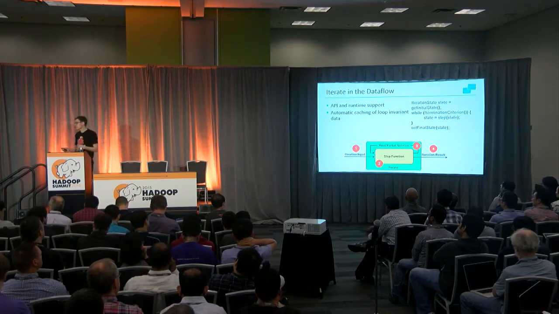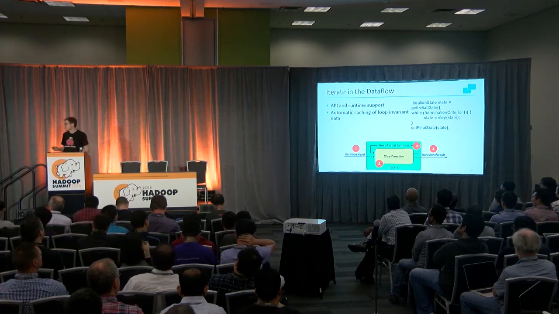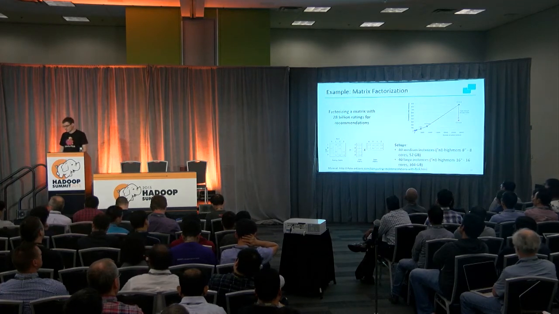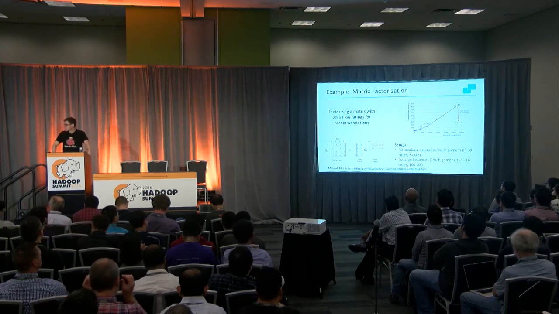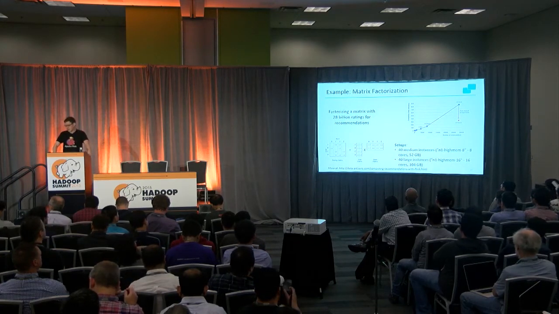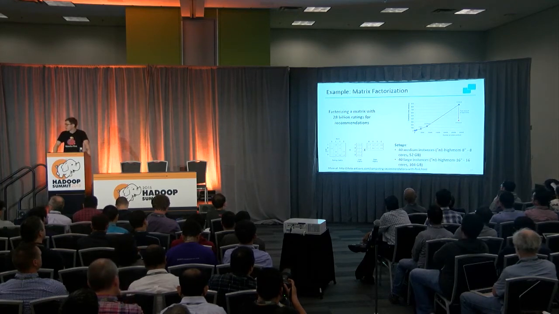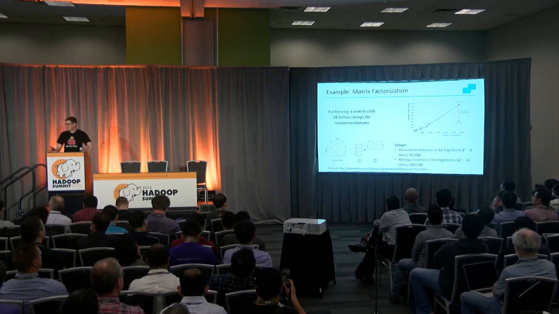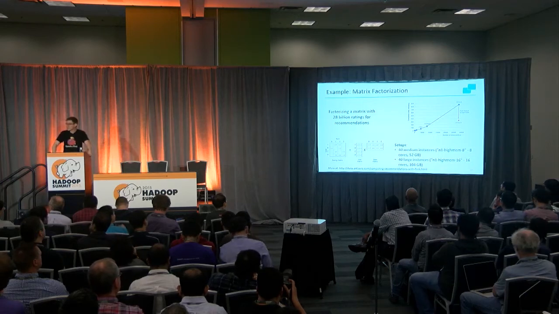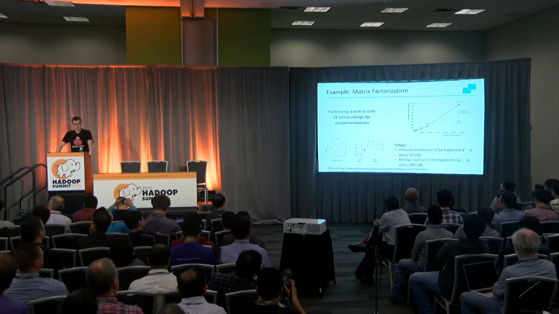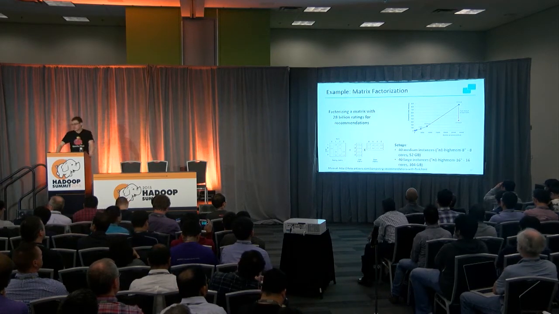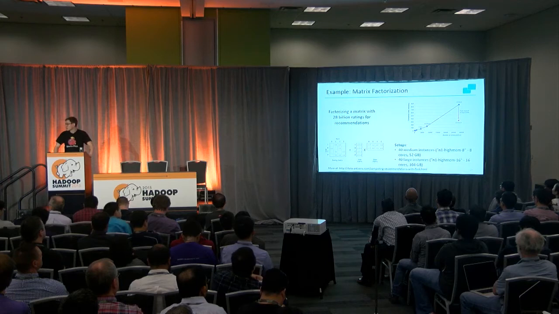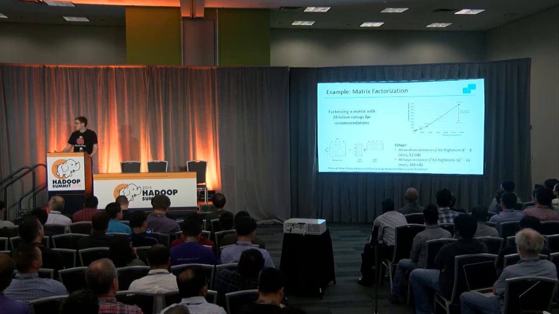We also tested this. We factorized a matrix with 28 billion ratings, and we created a rating matrix out of that. I think the input data was about 1 terabyte, but the intermediate results, the data created while executing this job, are much larger, many more terabytes. On medium instances on Google Compute Engine, it took us 13 hours.